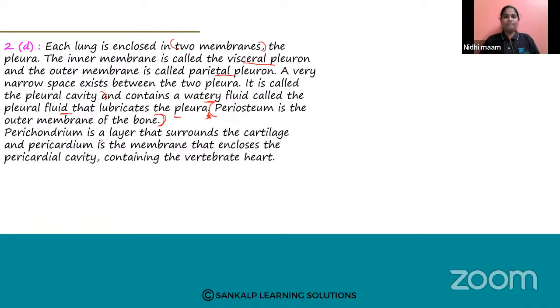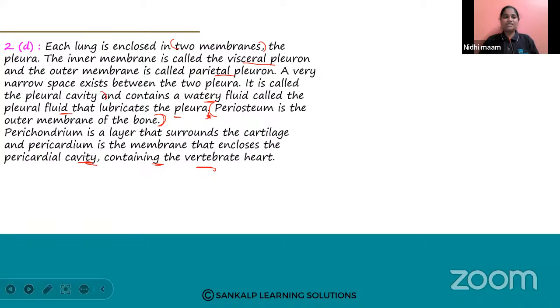Pericardium andre ಏನು? The membrane that encloses the pericardial cavity containing the vertebrate heart. So it covers the vertebrate heart. Okay. Periosteum is related to bone. Perichondrium is cartilage. Then pericardium, cardium, so it is related to heart.